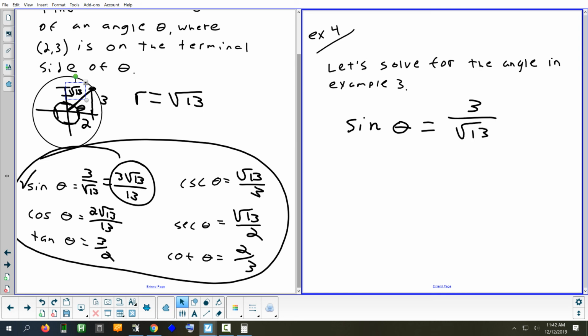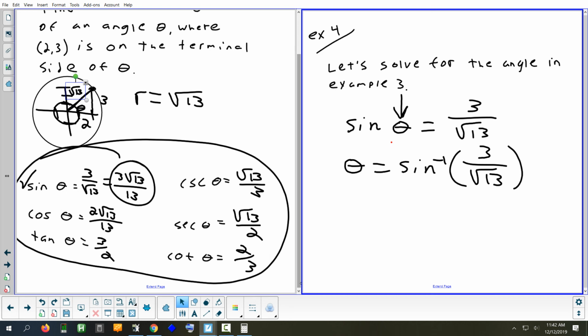Doesn't matter which one you use. I use 3 over square root of 13 because it was less writing. And that's not a final answer to a problem anyway. This is going to be my final answer. How would I get theta by itself? Take the inverse sine. Theta equals the inverse sine of that.